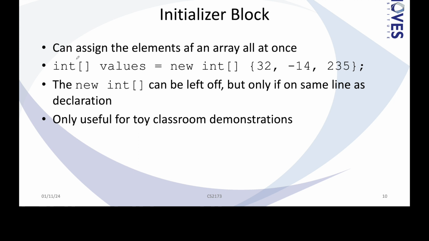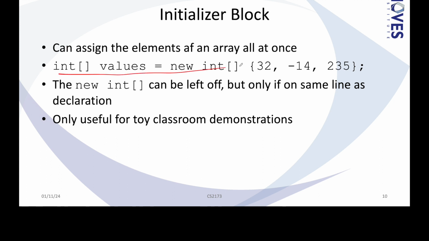Now for some reason, people don't like typing. So they come up with this idea of an initializer block. This is a really cool feature. Well, it's a feature. How cool it is, its main use is for this. So here's what I can do.